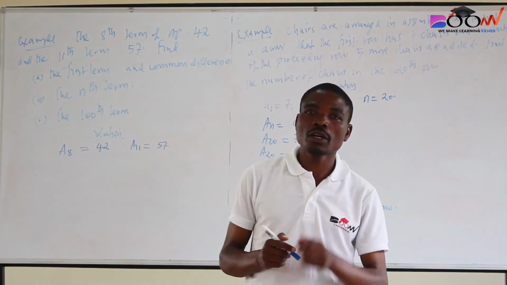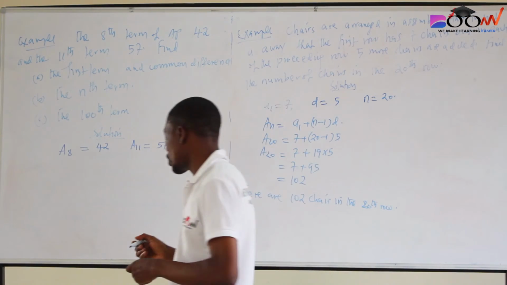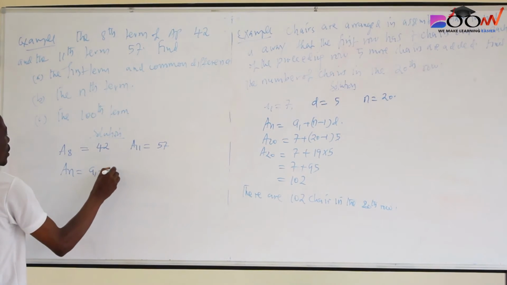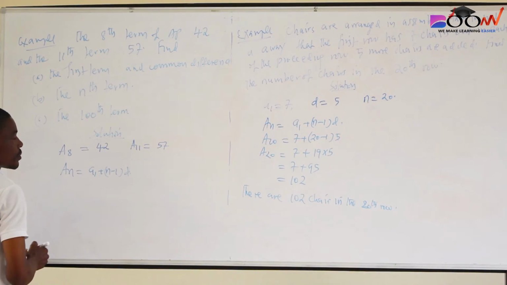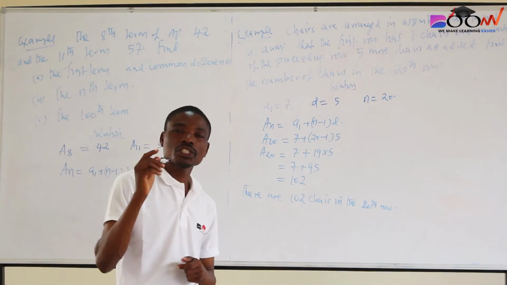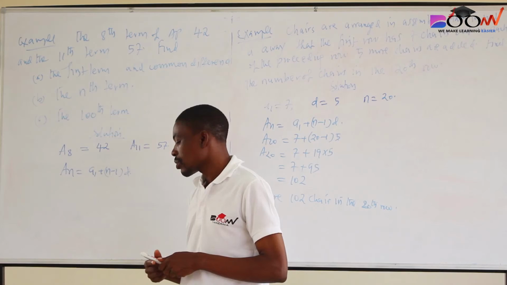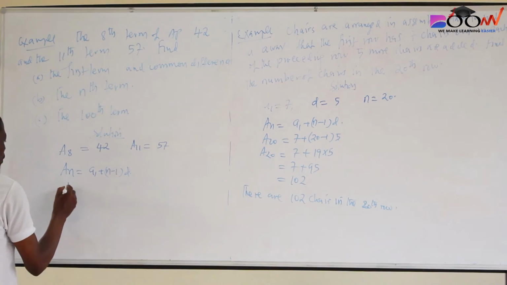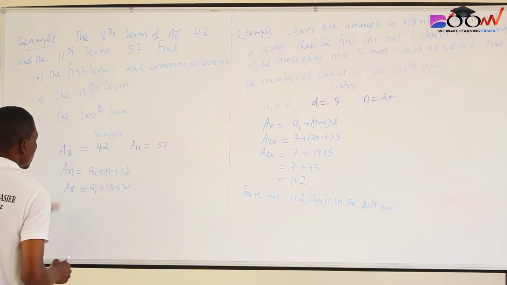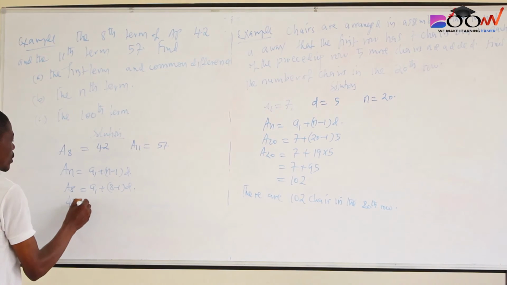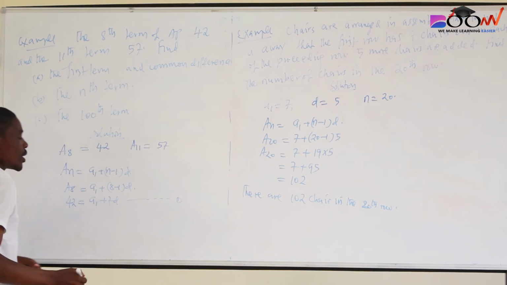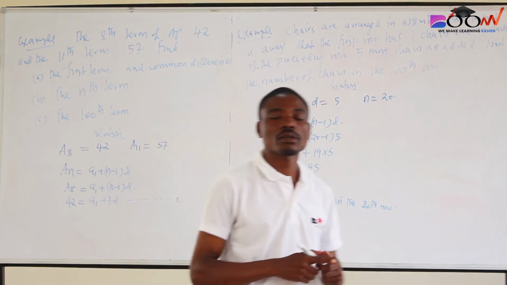From the formula for the nth term, our nth term is given by A1 plus n minus 1 times the common difference, which is D. When we talk about the 18th term, it means the position of n will be taken by 18. So the 18th term is going to be A1 plus 18 minus 1 times the common difference. But this one is 42. This one is A1 plus 17D. Let's make that the first equation.